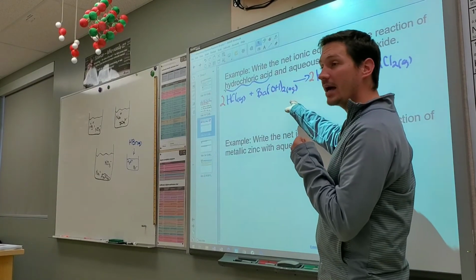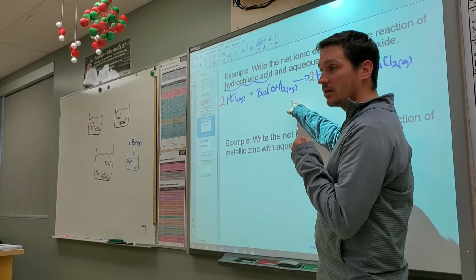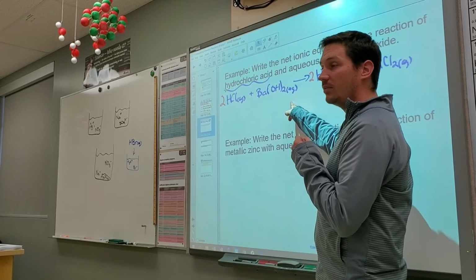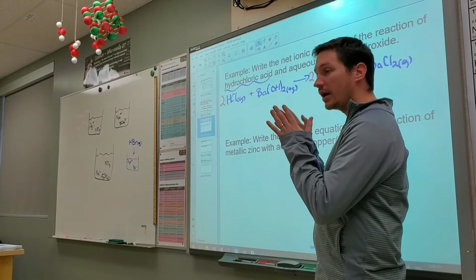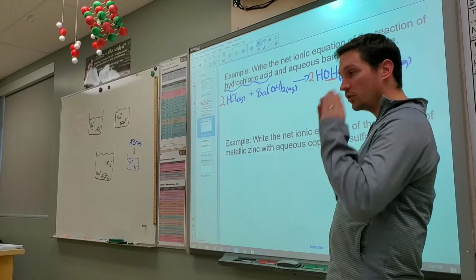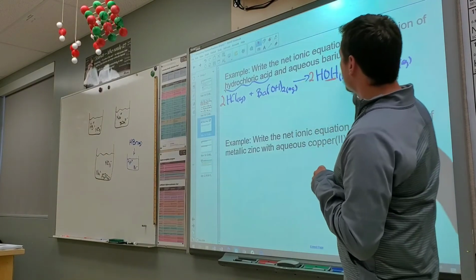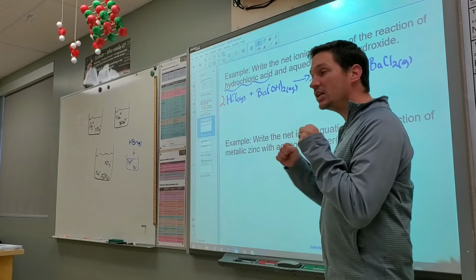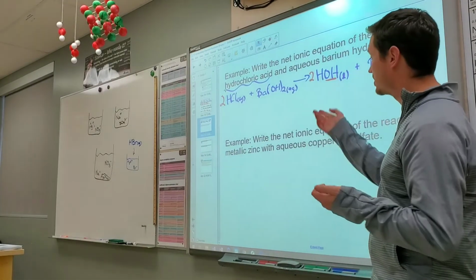Look at the state of matter. If you check your data booklet, it will tell you no. But this is where the nuance of looking at the question is so important. It says aqueous barium hydroxide, so it's telling you that this barium hydroxide has split up, because it's aqueous.